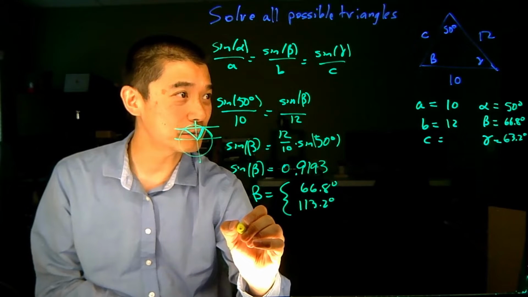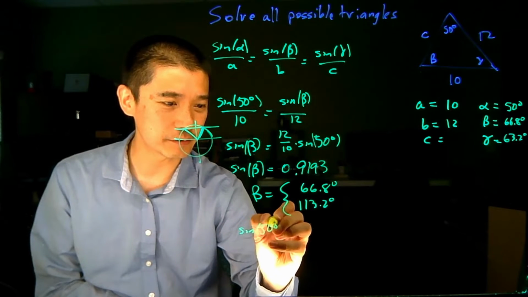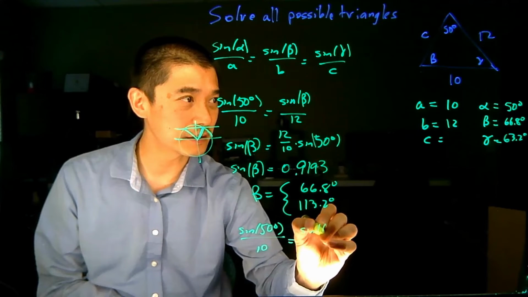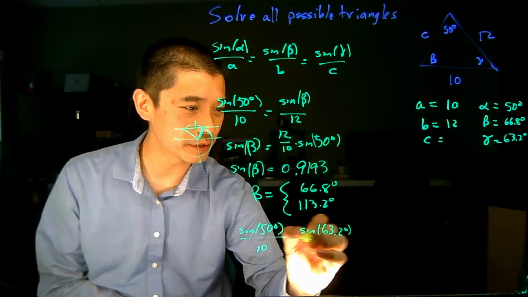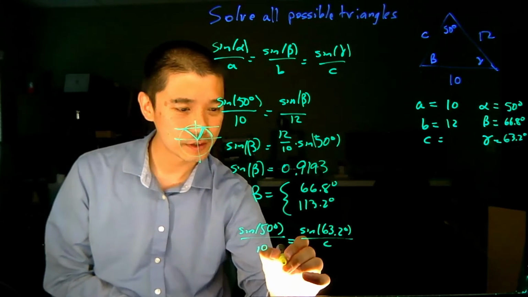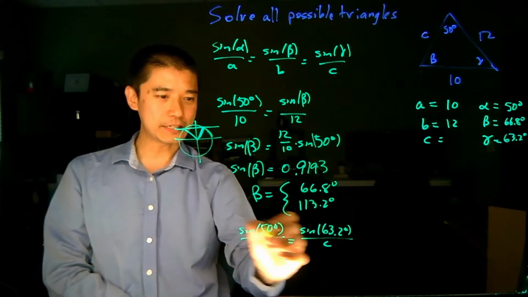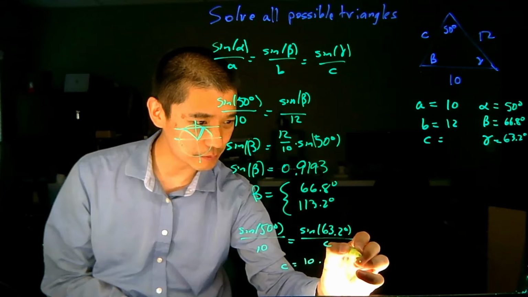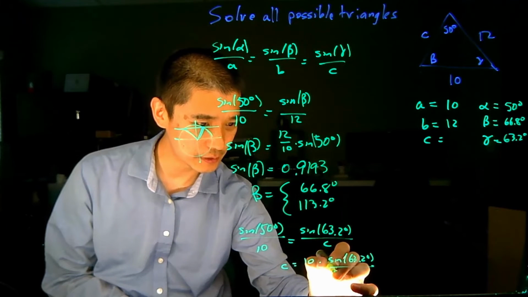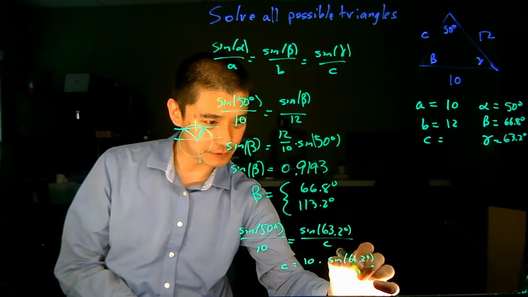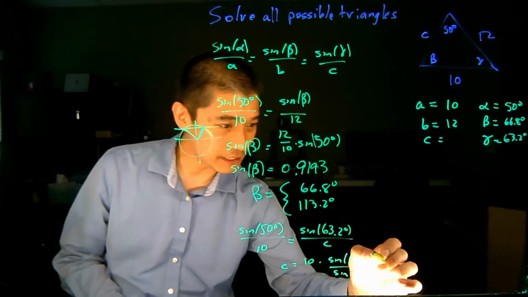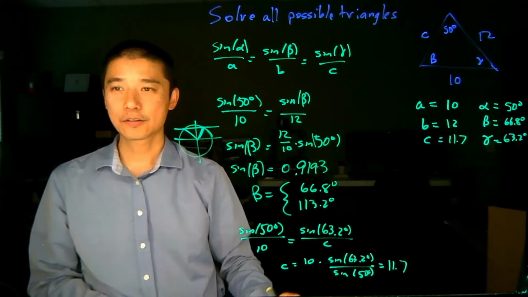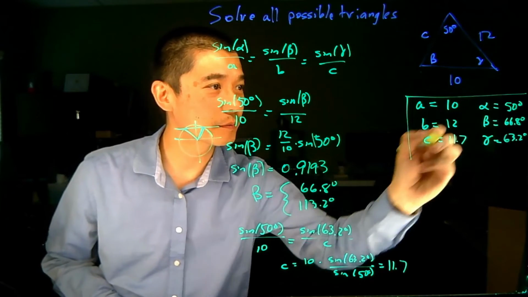So sine of alpha, which is sine of 50 degrees over A, which is 10, is equal to sine of 63.2 degrees over C. We manipulate: C is equal to 10 times sine of 63.2 degrees over sine of 50 degrees. And when you plug that in, you get 11.7 approximately. All right. So here's one possible solution.